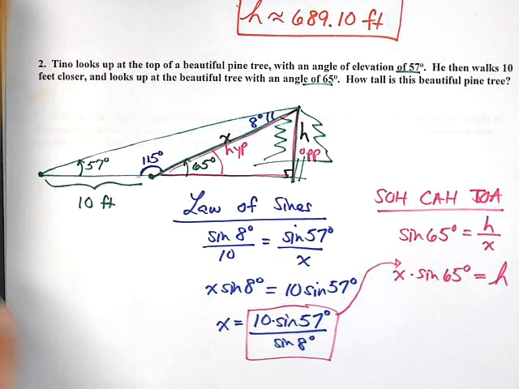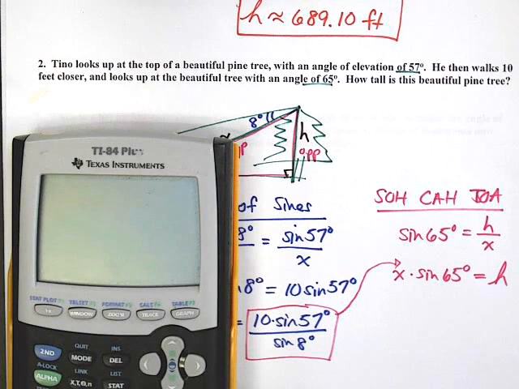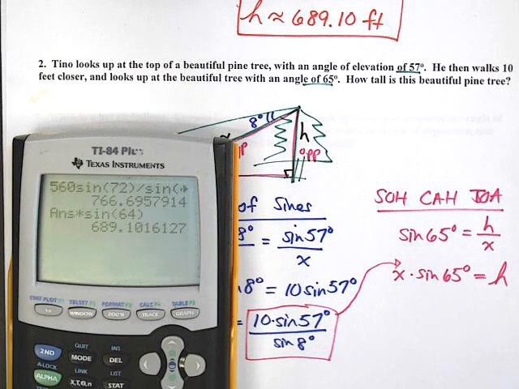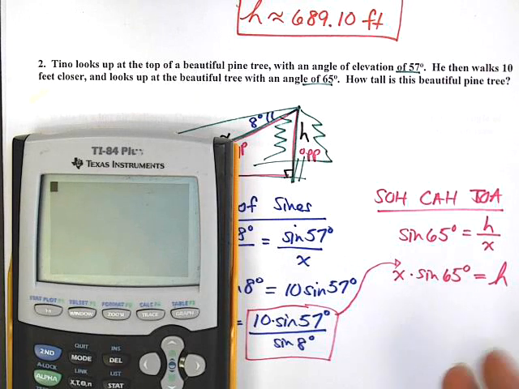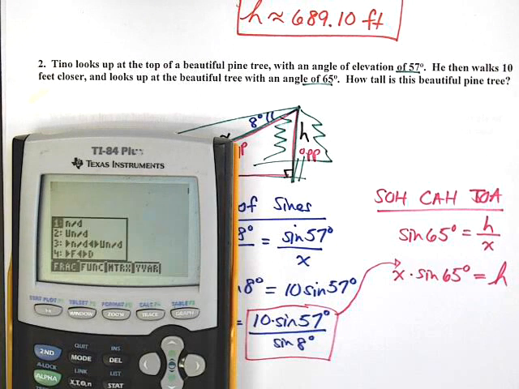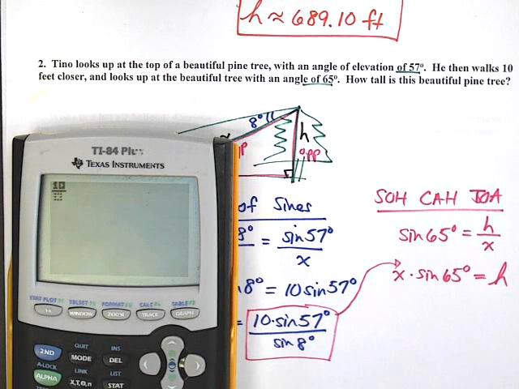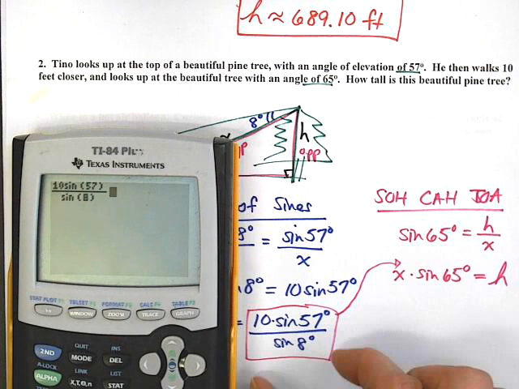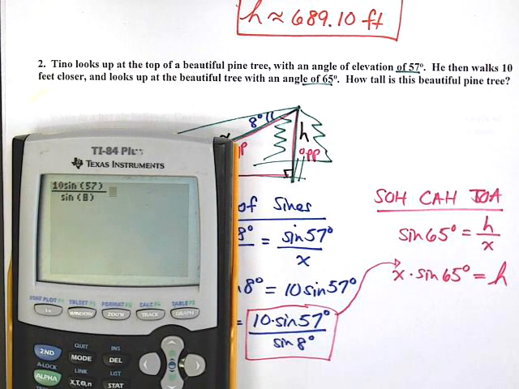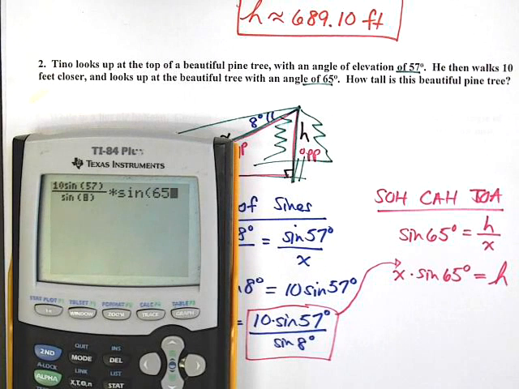Okay. Variety of ways that you could do this. You could do it all at once, of course, or you could take the answer and times by. Okay, so let me just show you. If I use the alpha y equals, stuff is definitely easy. 10 times the sine of 57 divided by the sine of 8. Okay. And you could hit enter, or you could say, let's multiply that by the sine of 65 degrees.